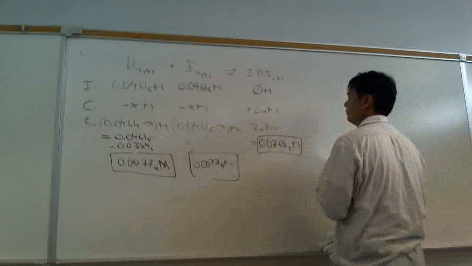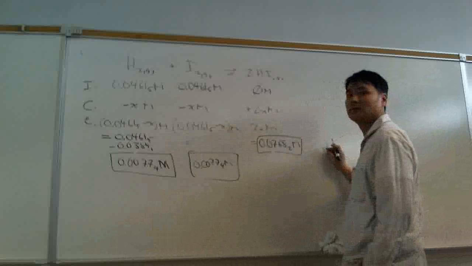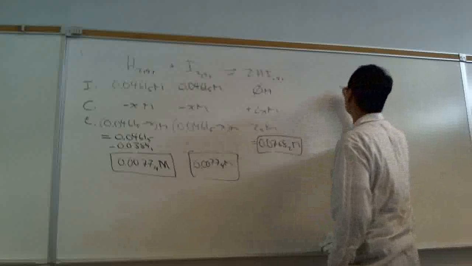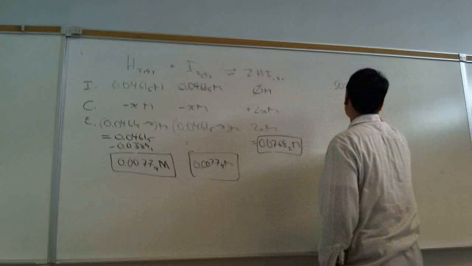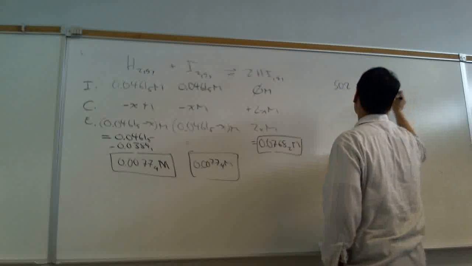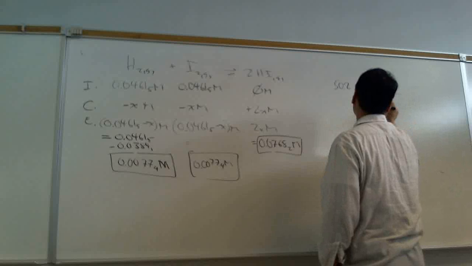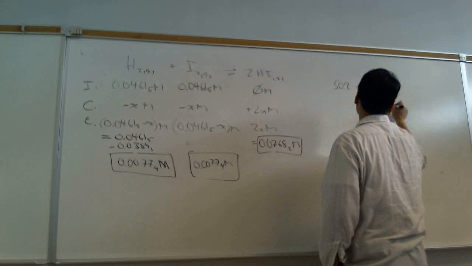Yeah, right here. When you set 50.2 equal to 4x squared divided by x squared minus 0.0923x plus 0.002129, I think you made a mistake.